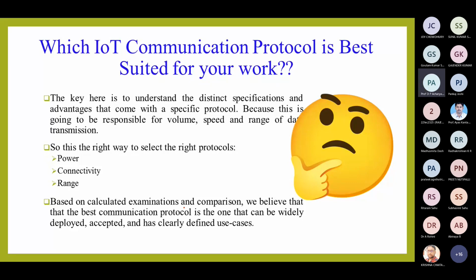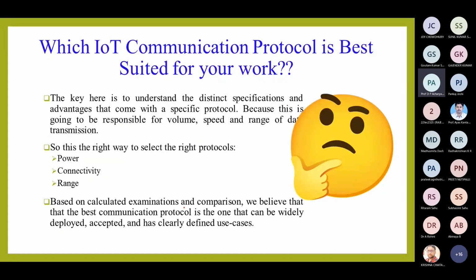Whether our application scenario is giving us seamless access to cellular network, whether I want to have an ad hoc network, whether we want low power, whether we want a range, so how to have the connectivity.